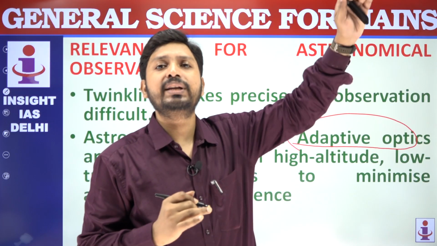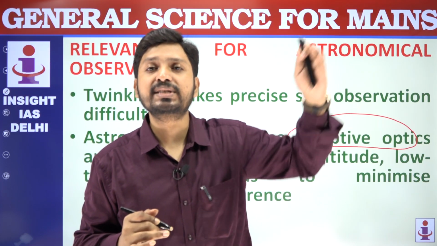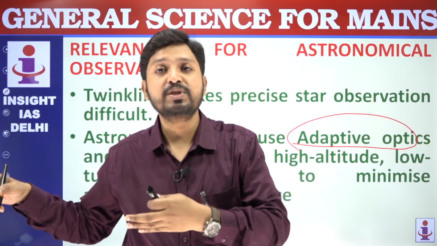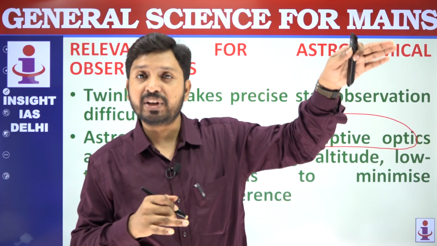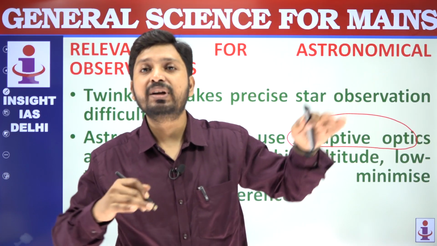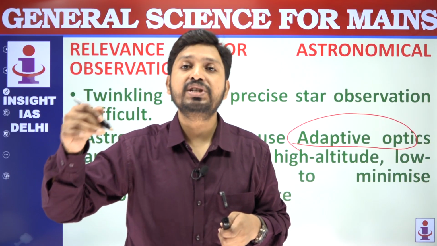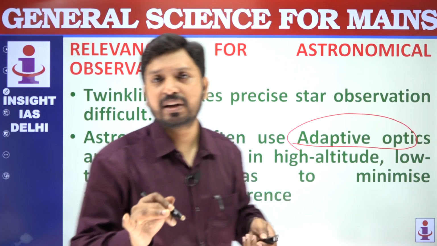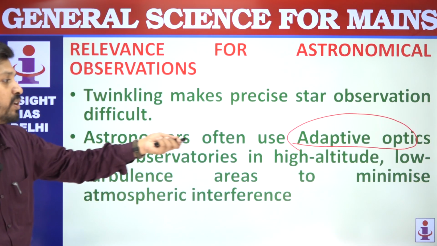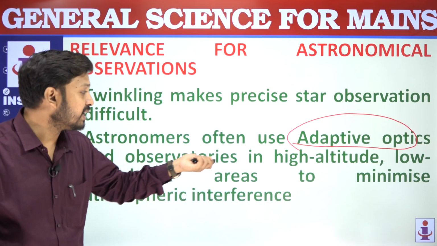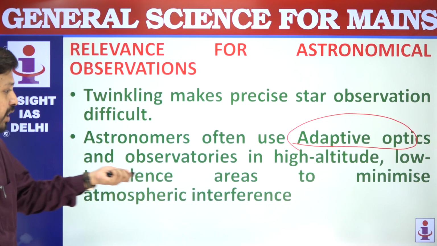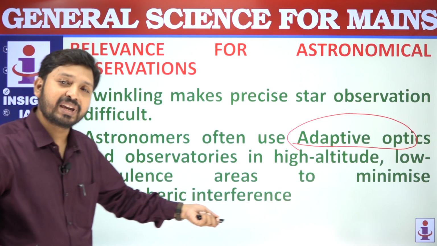If you go to high regions like mountains, at high altitude, as there is no disturbance from this light, we can clearly see the stars in the sky. Apart from that, in regions that have less turbulence in the atmosphere, we can also see the stars a little bit more clearly. So astronomers often use adaptive optics and observatories at high altitudes and low-turbulence areas to minimize this atmospheric interference.